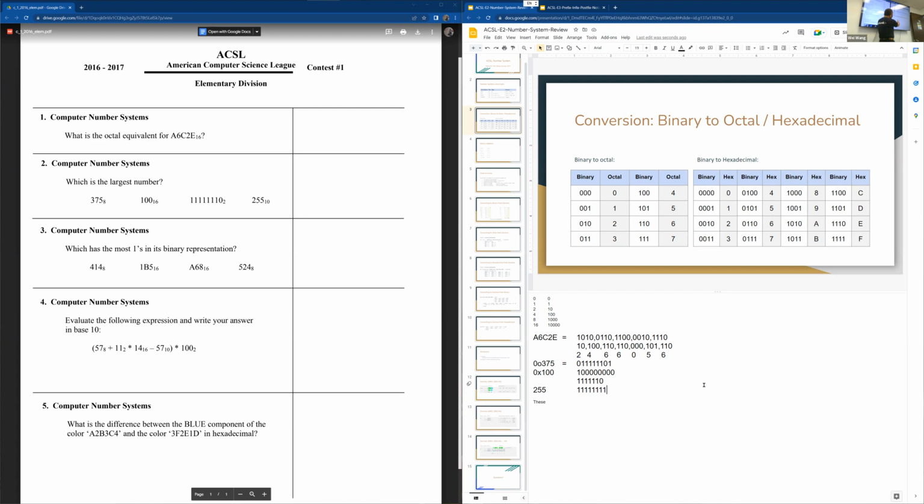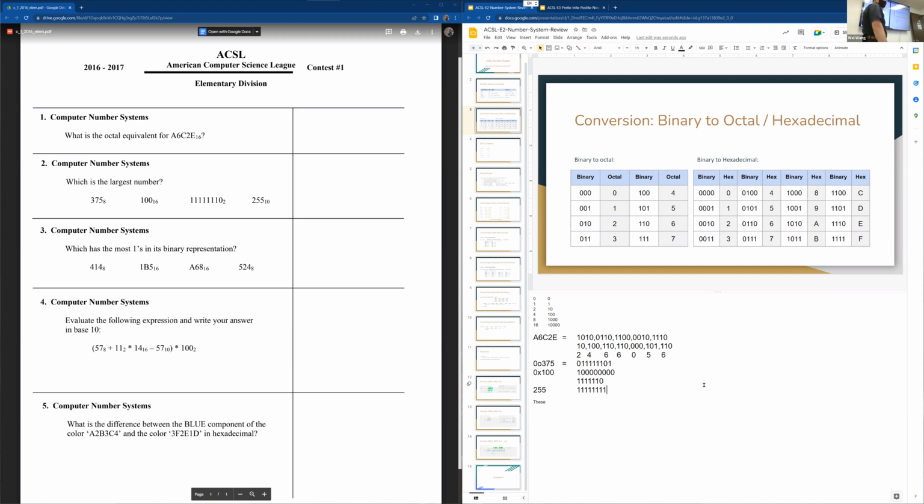So when you convert that all into binary, then you can just compare how many bits each number has, right? So the longest is this one, and that's the largest number, right? So as you can see, this binary conversion is really important, right?